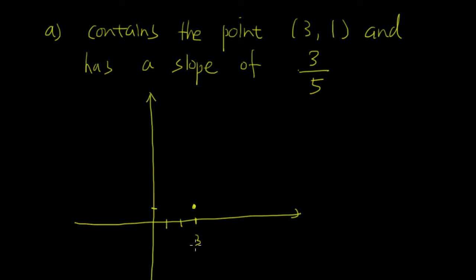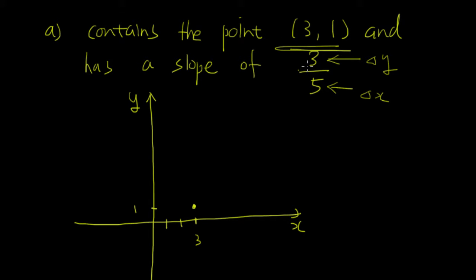Start from this point, (3, 1). This is the y-axis, this is the x-axis. We start with the given point, and with the slope being 3/5, this is delta y, the y change, and this is delta x, the x change.